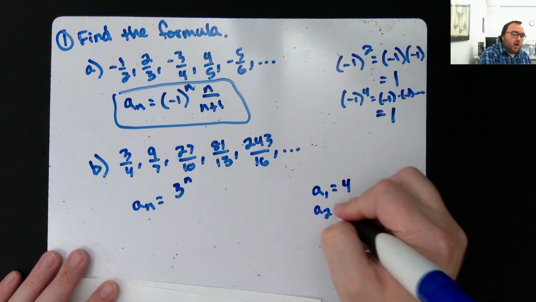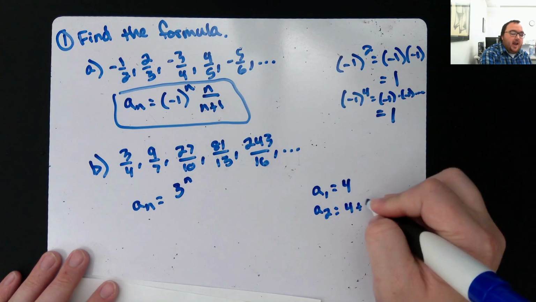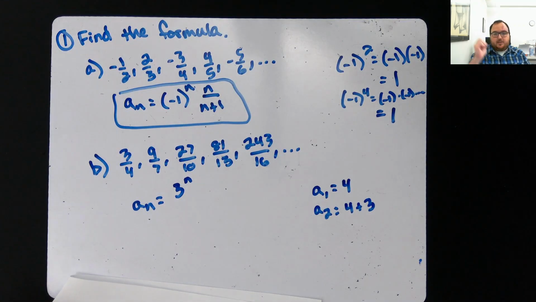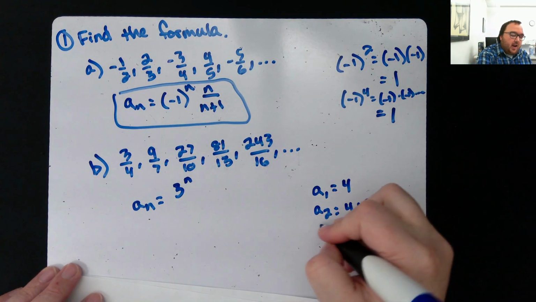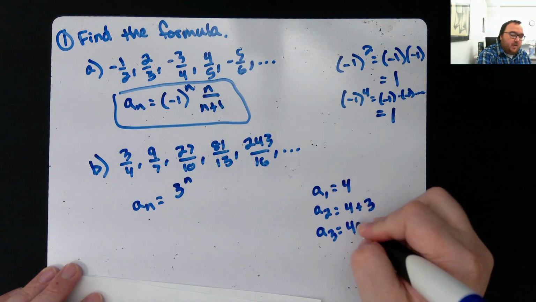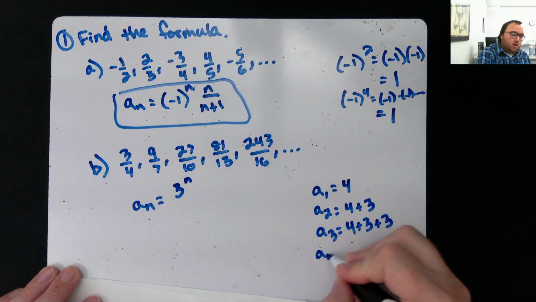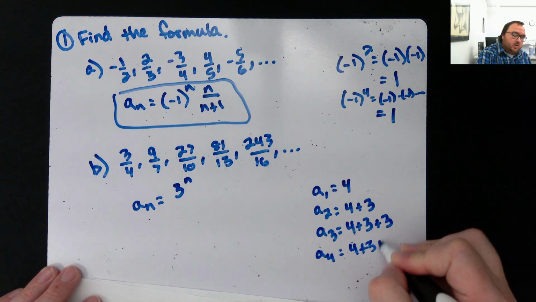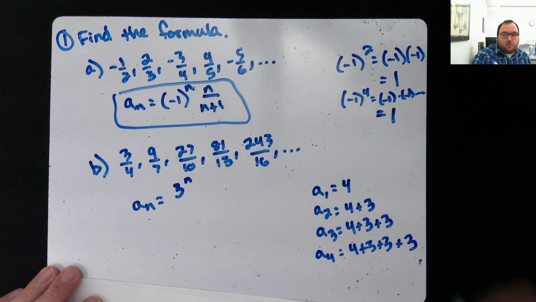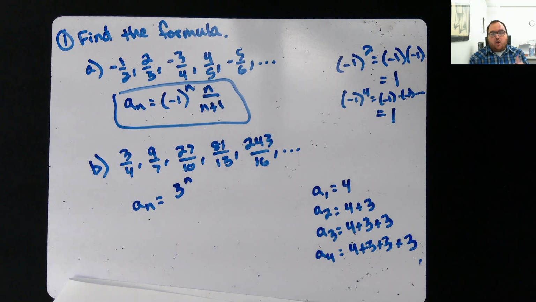For A2, I would take that 4 and add 3 because it's plus 3, right? For A3, take what I got on the last one and add another 3. For A4, take what I got for the last one and then add another 3. And you would just keep doing that on and on and on.